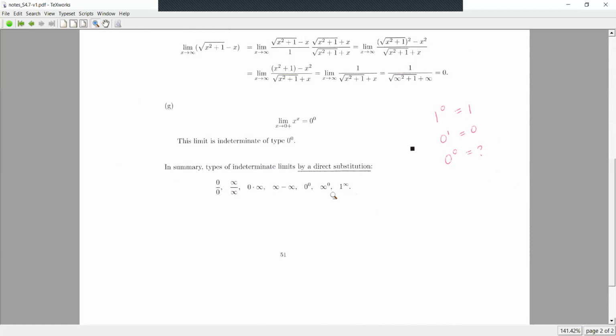Infinity to 0, I cannot tell. A finite number to 0, say 3 to 0, I can tell, it is 1. But infinity to 0, I cannot tell. And also, I cannot tell 1 to infinity. 1 to a finite number, say 1 to 1 million, I can tell it is 1. But 1 to infinity, any number is possible. So in total, there are so many types of indeterminate limits.